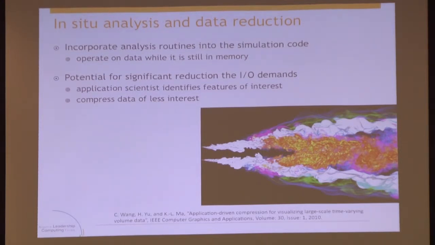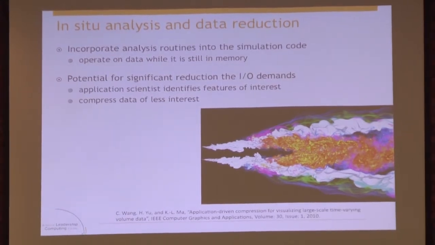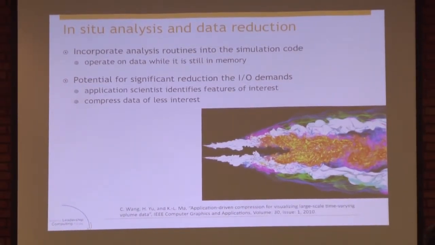So this is one example of in situ analysis and data reduction, which I mentioned earlier, where they're interested in this turbulence simulation. There's this white isosurface there, and they know ahead of time what the value of this surface of interest is.